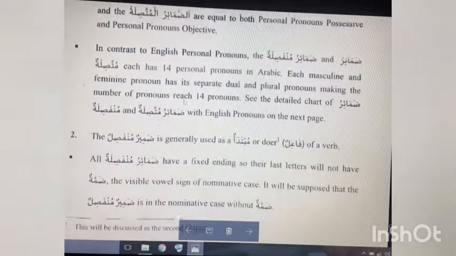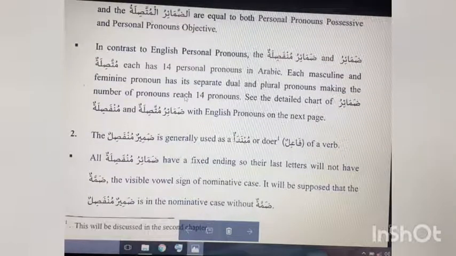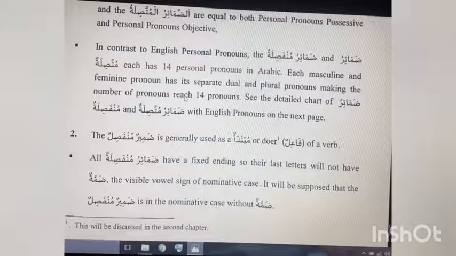In contrast to English personal pronouns, the ضمائر منفصلة and ضمائر متصلة each has 14 pronouns in Arabic. Each masculine and feminine pronoun has its separate dual and plural pronouns, making the number reach 14. See the detailed chart of ضمائر منفصلة and ضمائر متصلة with English pronouns on the next page.